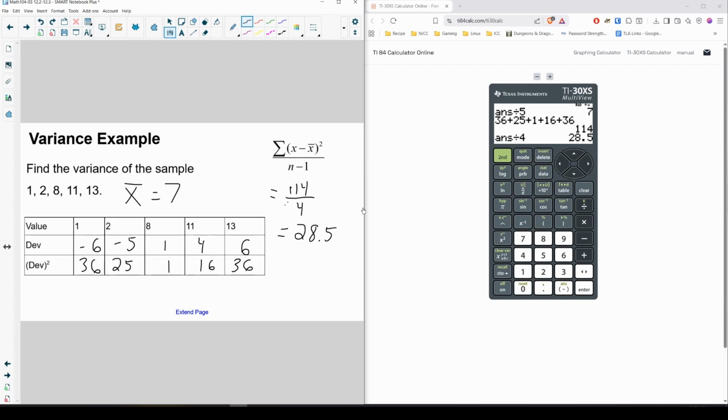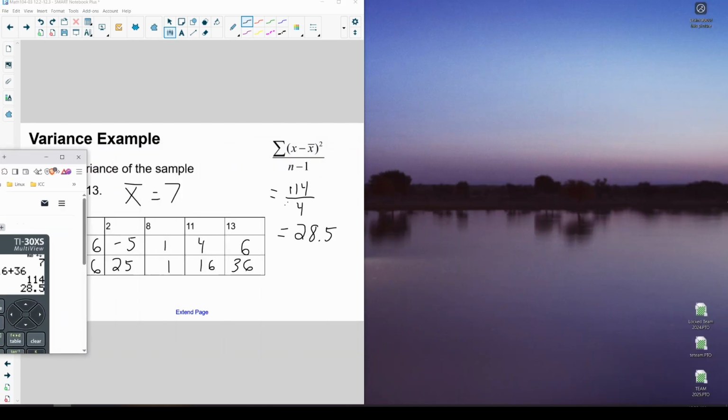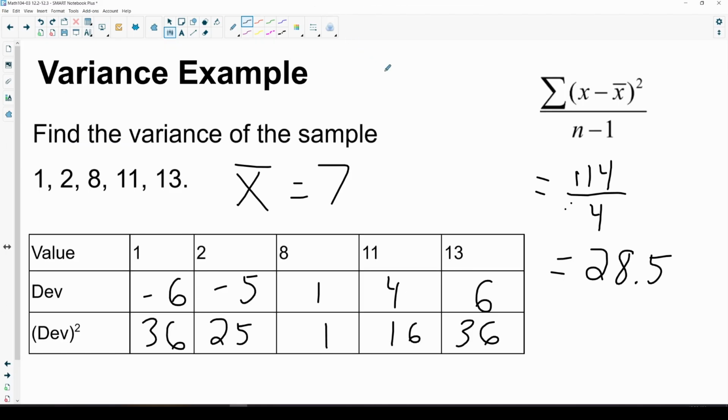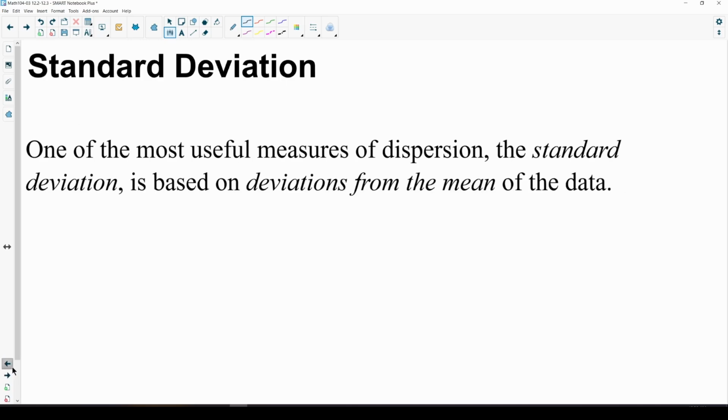So again, find the average, subtract it from each data value, add them all up, and divide. Again, this tells you roughly the average of how far away something will be from the center of your elements overall. Now, let's go a little further, because that's not quite as awesome as standard deviation.